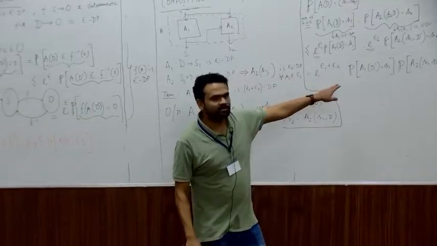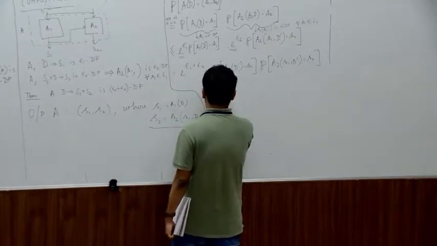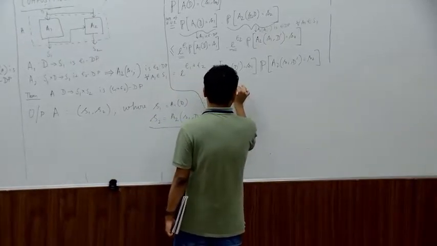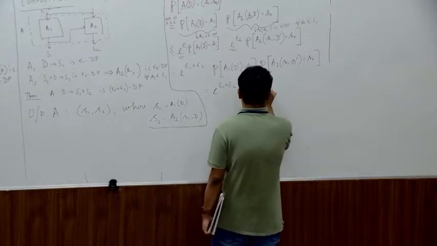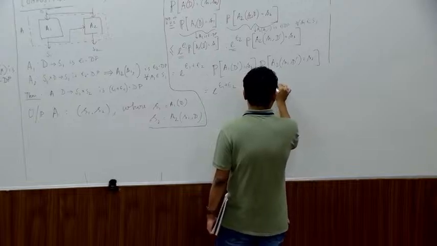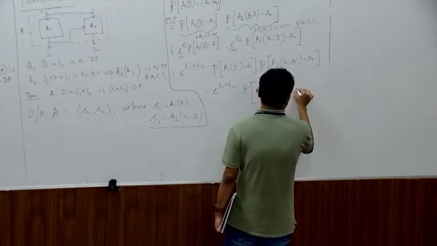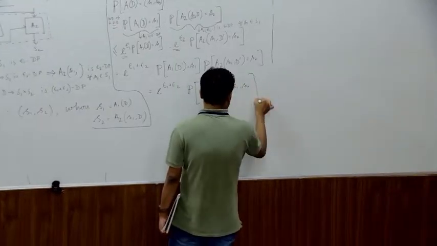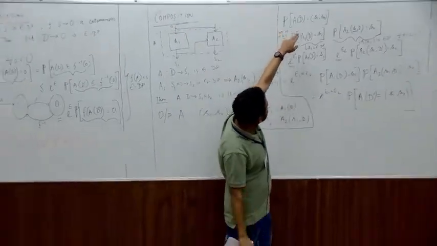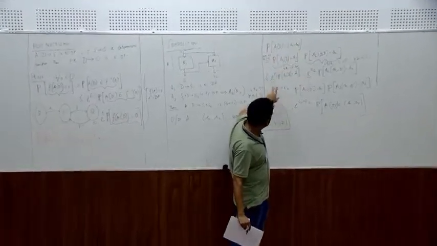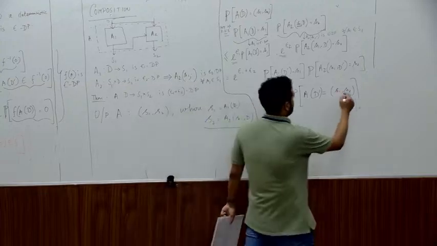Now we'll use independence again to combine these two. So we started from here and proved that probability of A(D) equal to s1 comma s2 is less than or equal to e to the epsilon 1 plus epsilon 2 times this. So hence we prove the theorem.